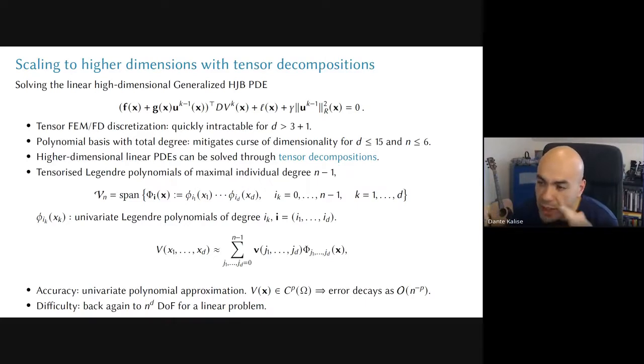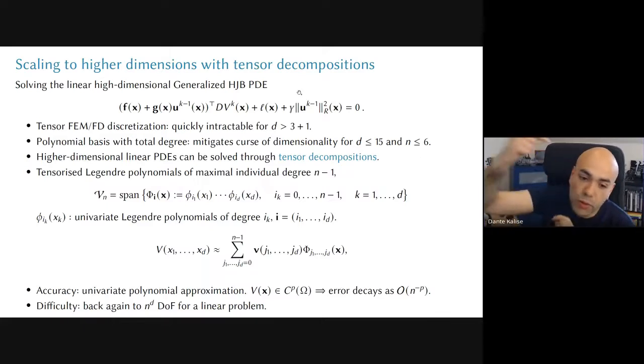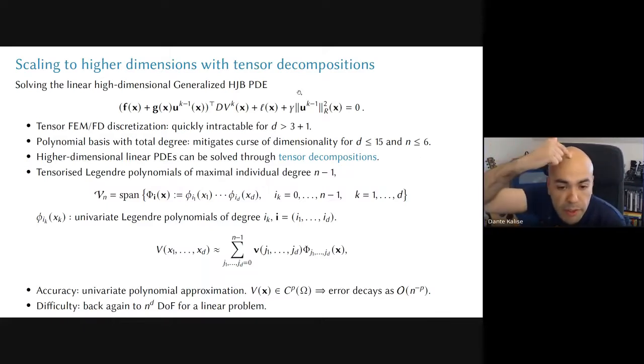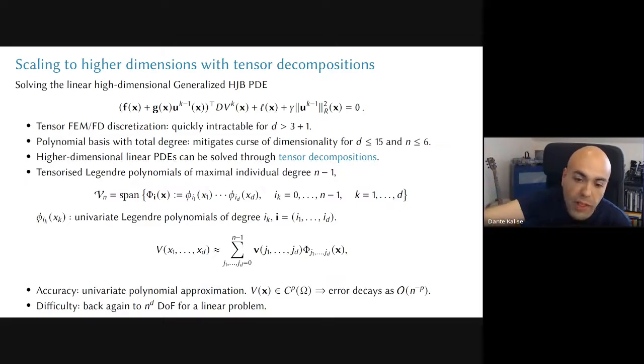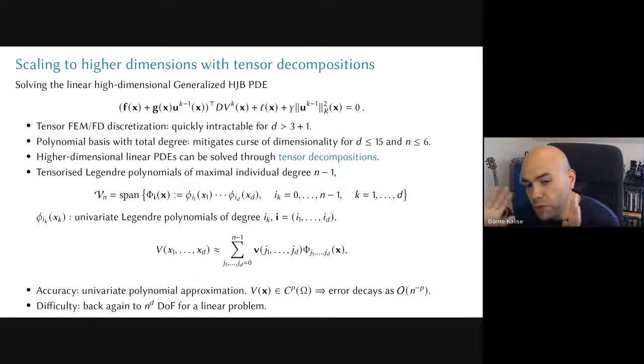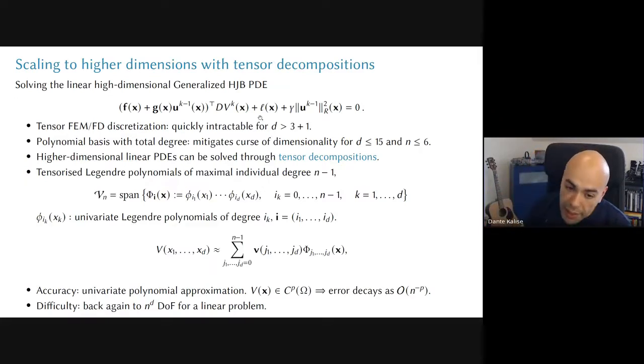That's fine, except for the fact that this linear equation is still a very high dimensional one. So I'm still trying to solve a 10,000 dimensional Hamilton-Jacobi equation. The thing is that now I'm not solving a nonlinear equation, I'm going to solve a linear equation. This is called the generalized Hamilton-Jacobi equation. So maybe now you just want to simplify your life and focus on the problem of solving a linear PDE, but in a very high dimensional space.